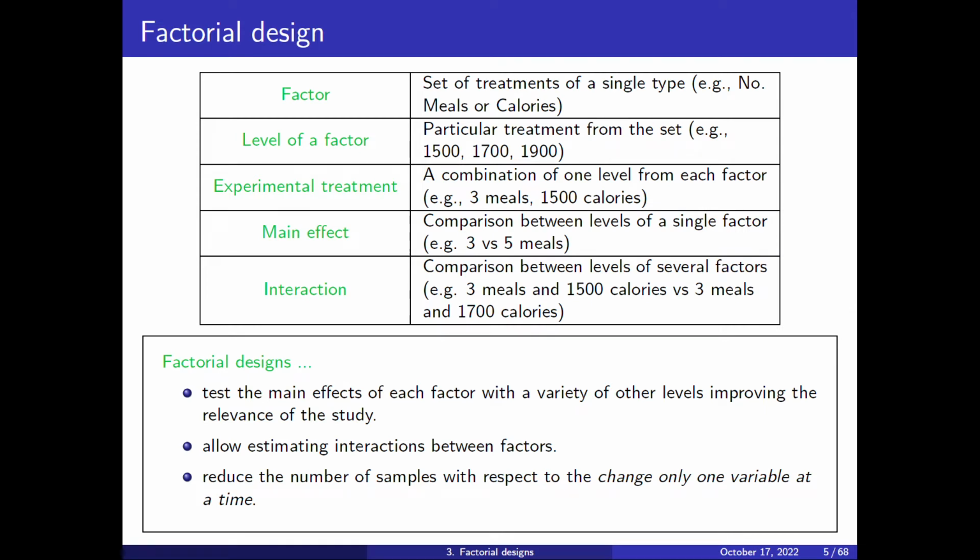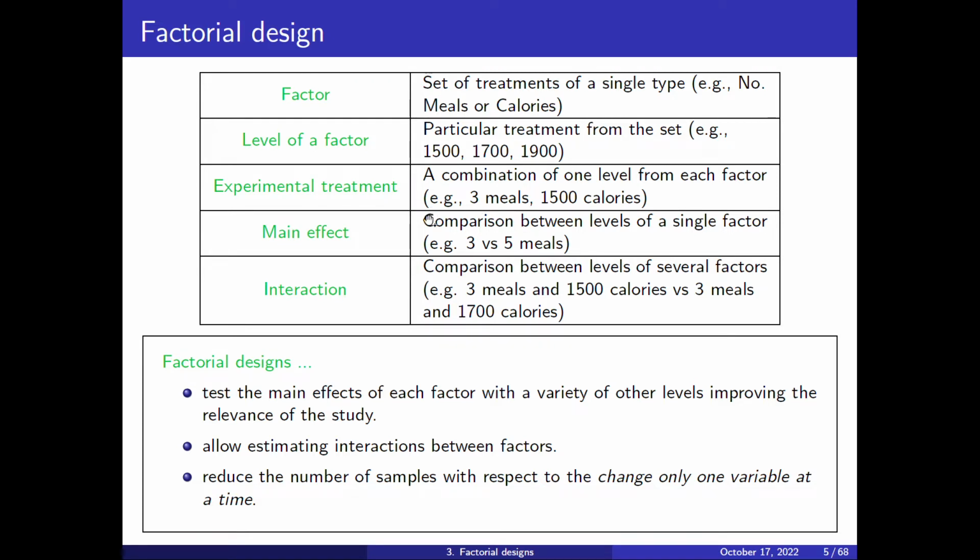Just to introduce some names, a factor is the set of treatments of a single type, so the number of meals or calories. The level of a factor is a particular treatment within that set, so for instance the different numbers. An experimental treatment is a combination of one level from each factor, so 3 meals with 1500 calories is an experimental treatment.